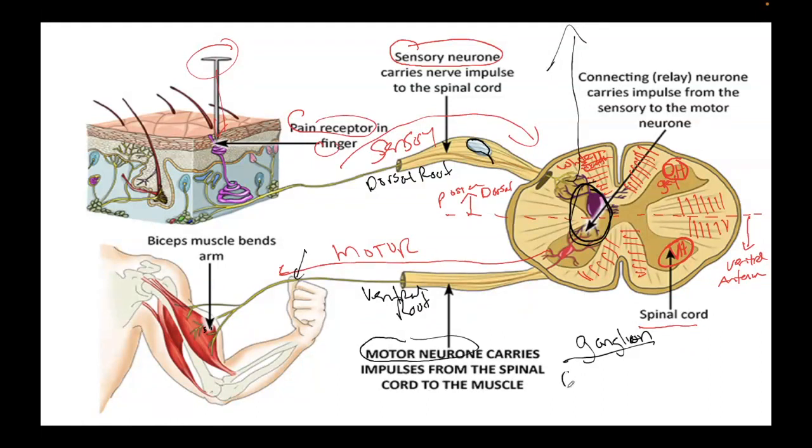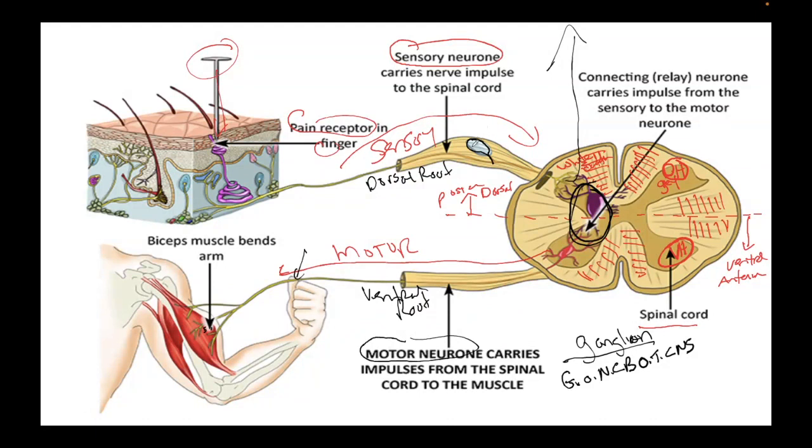A ganglion is a group of nerve cell bodies outside the CNS. So a group or a cluster of nerve cell bodies outside the CNS means it's in the PNS, right? The peripheral nervous system.